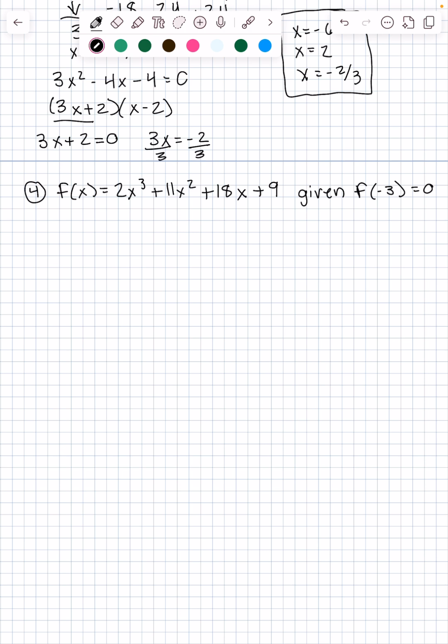Let's still find our possible zeros. So the factors of our constant, which in this case my constant is 9, so that would be plus or minus 1, plus or minus 9, and plus or minus 3, divided by the factors of my leading coefficient. My leading coefficient is 2, so this would be plus or minus 1, plus or minus 2.